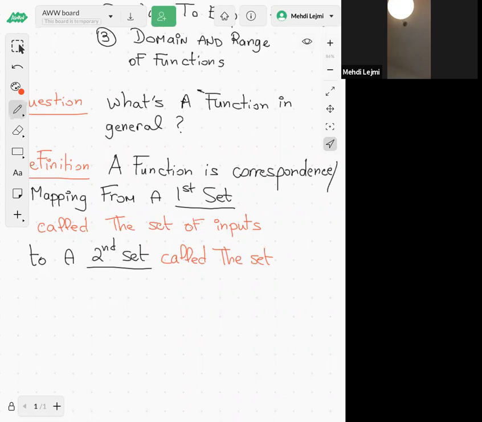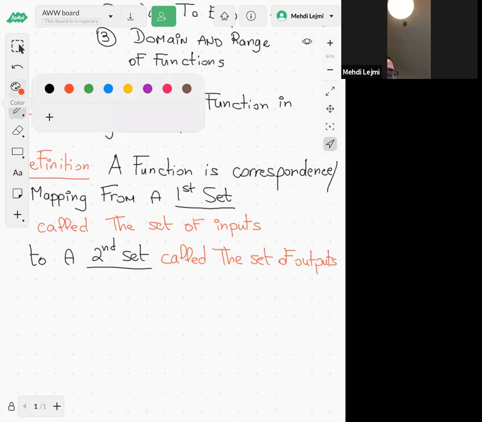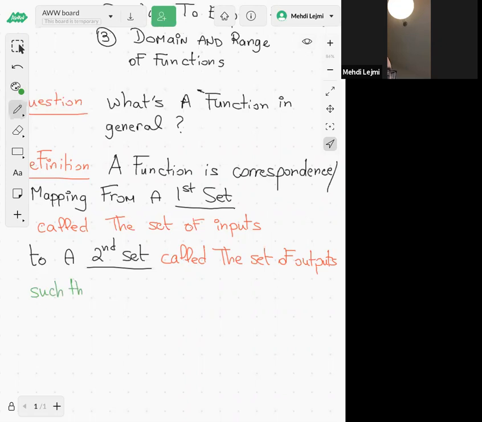And so the rule is the following. So such that, okay, well, each input in the first set corresponds to exactly one output in the second set.